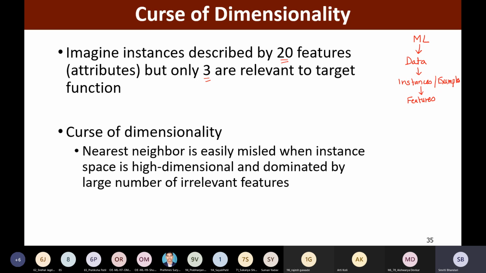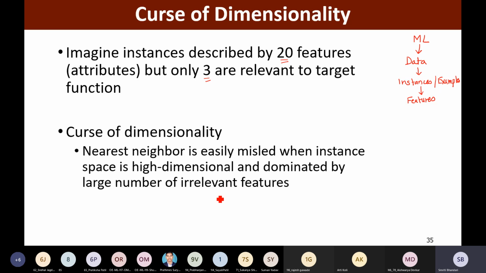So, the nearest neighbor algorithm is easily misled when the instance space is high dimensional and dominated by a large number of irrelevant features. So what are irrelevant features? The features that do not contribute to the prediction.